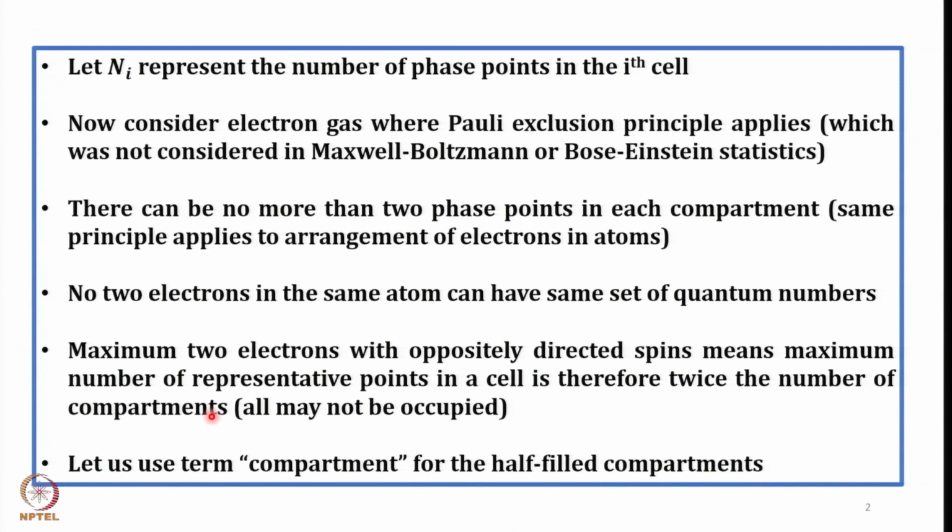But for representation purposes, let us use the compartment term for half-filled compartments. Don't misunderstand. When I say 2 phase points can be put in a compartment, I will further divide that 2 into 1, 1. That means a half-filled compartment. So in each compartment, I will put only 1 phase point.